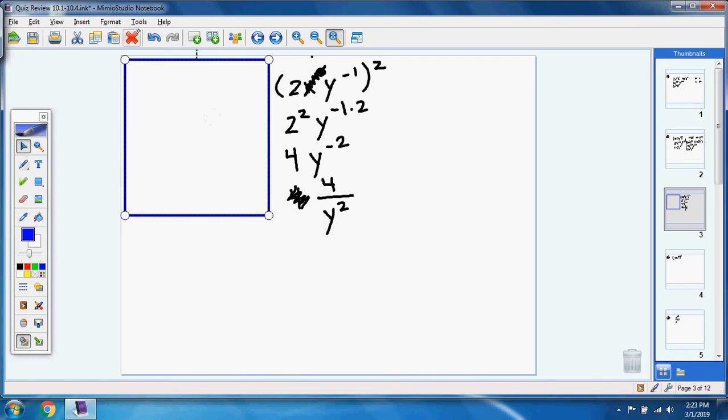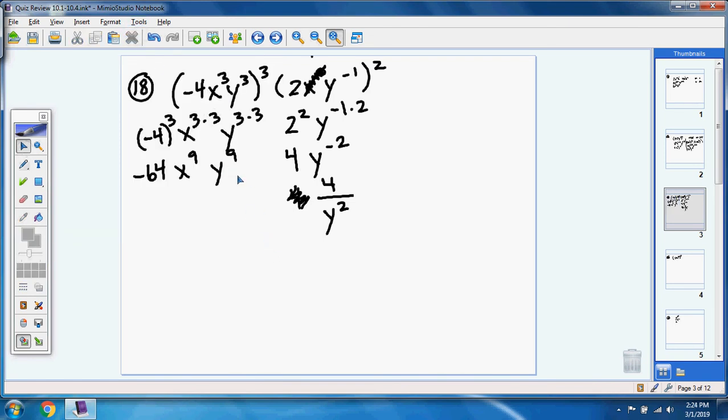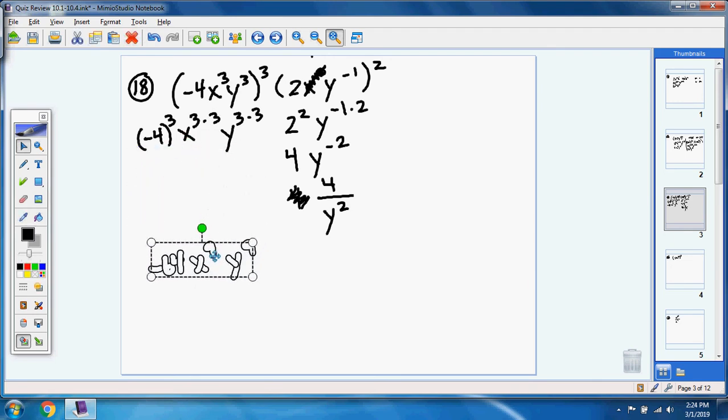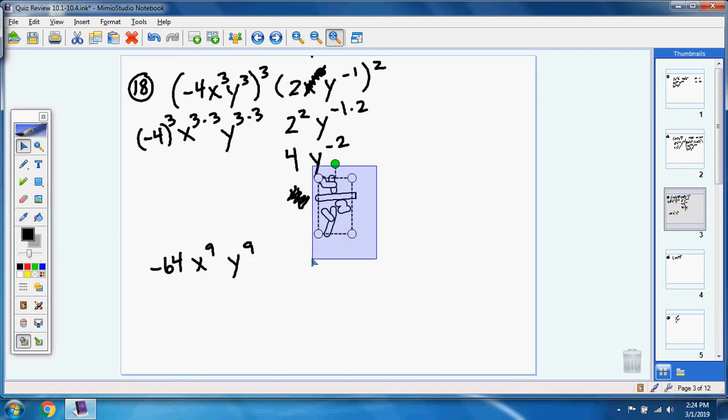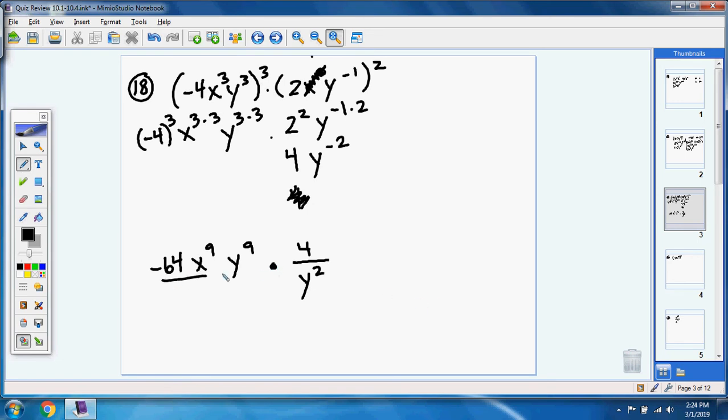All right, now to finish it off, I'm going to go ahead and put it together. So let's see here. I'm going to bring this down a little bit, just to make it a little bit easier for you to see. And since it was a bunch of parentheses, it's really multiply as well. All right, to complete this problem, I notice that I've got a -64 multiplied by a 4.